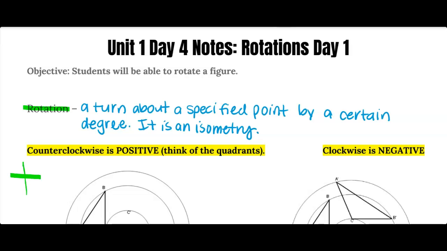When you have your 4 quadrants, this is your first quadrant, and then you go counterclockwise to label the rest. So counterclockwise goes in the opposite direction of a clock. Clockwise would be negative, and it goes in the direction of a clock. So you just want to kind of remember that.